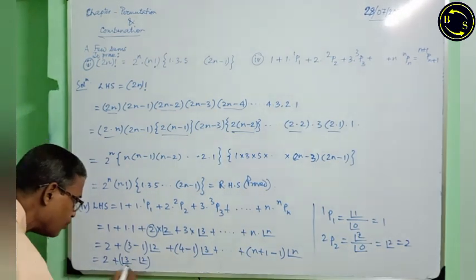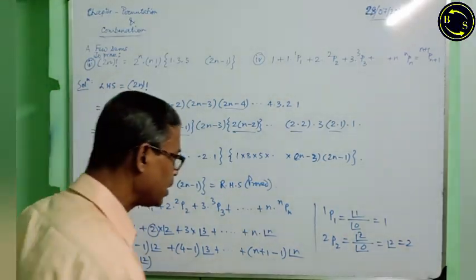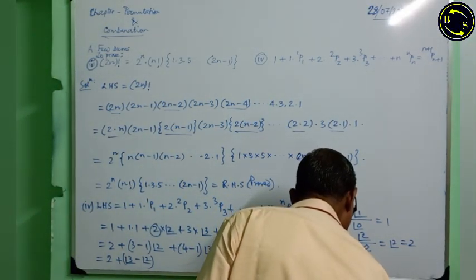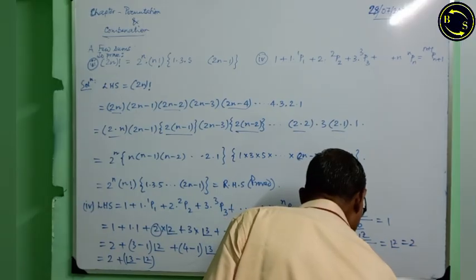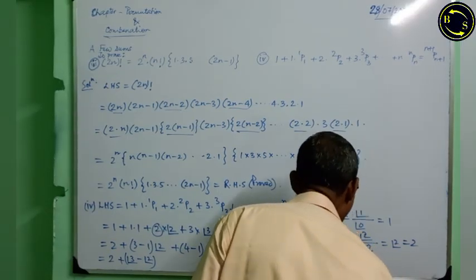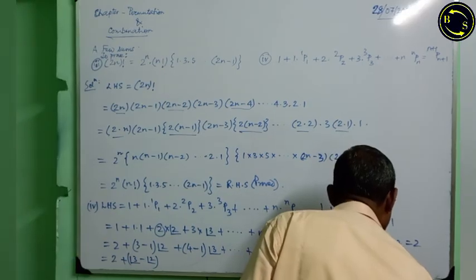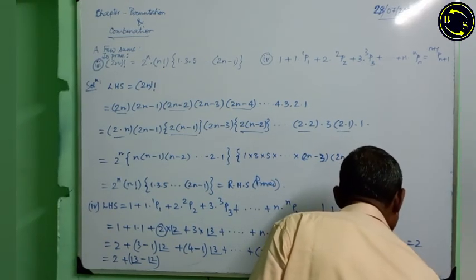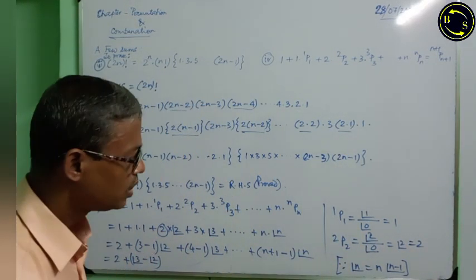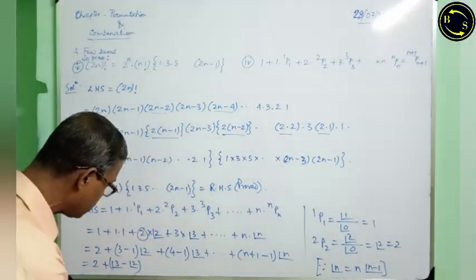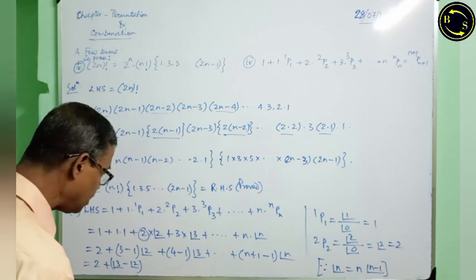You see, you can mention here, since factorial n equal to n into factorial n minus 1. Therefore, if I get n into factorial n minus 1, I can write easily factorial n.